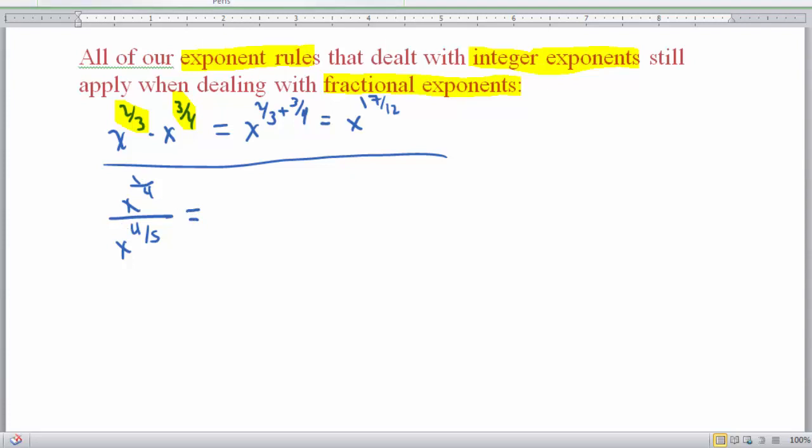And I'm not sure we had actually talked about this, but when you have a division problem like this, the final answer is going to end up wherever the higher exponent was. So in this case, what's bigger, 1/4 or 4/5? 4/5 is bigger. So what I'm really going to do here is write this as 1 over, and then I'm going to do 4/5 minus 1/4, right?